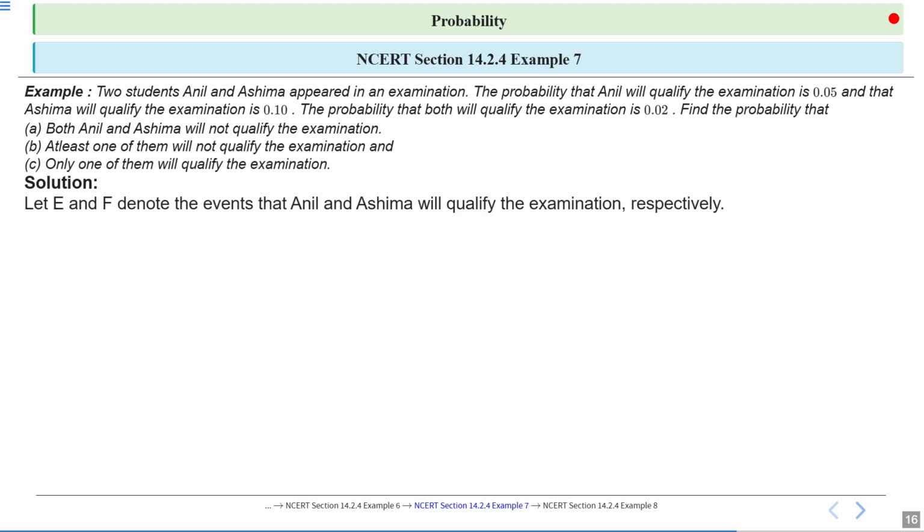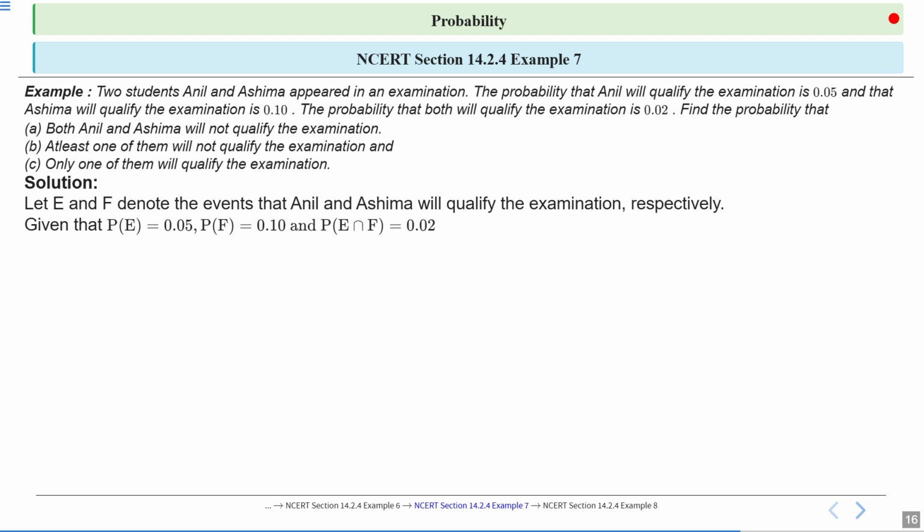So first we let E and F denote the events that Anil and Asima will qualify the examination. The E event describes that Anil will qualify the examination, and the F event describes that Asima will qualify the examination.